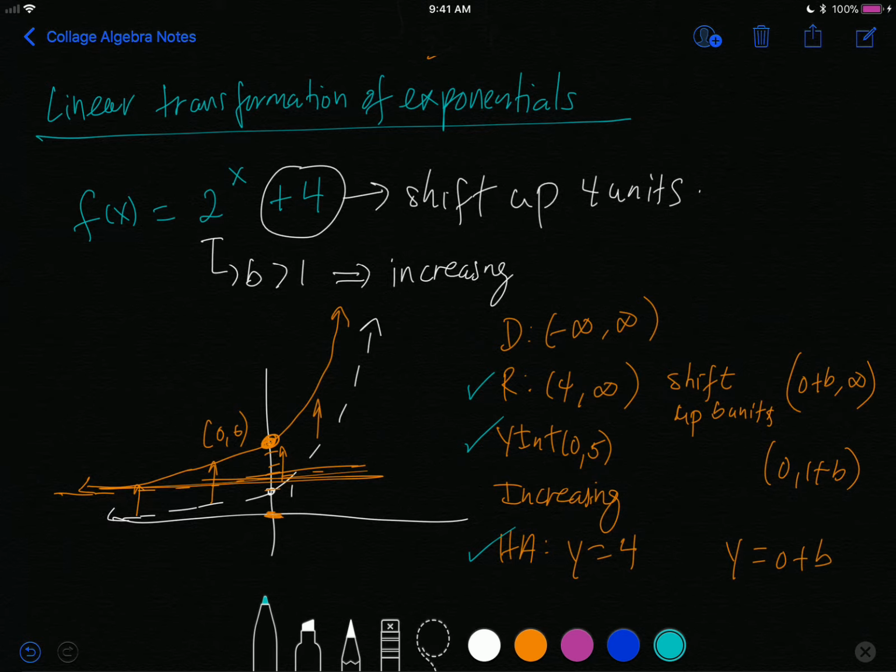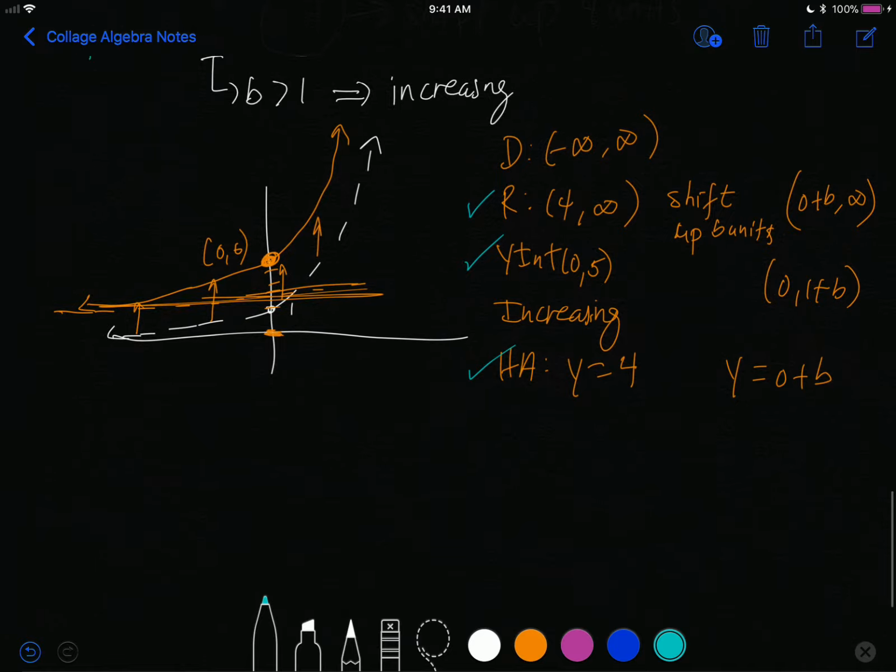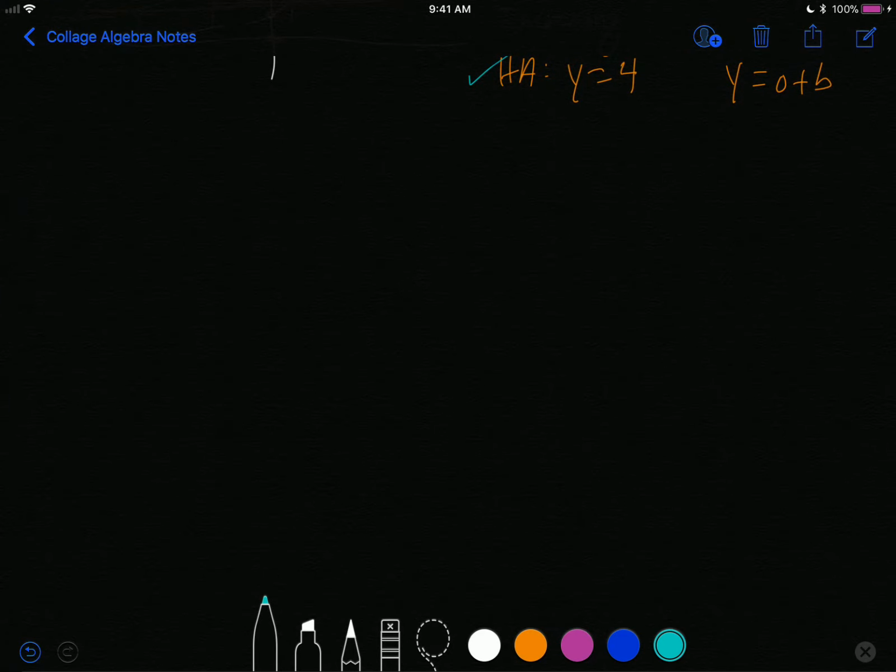So what about shifting the graph left or right? Let's say I have f of x is equal to 1/4 raised to the x minus 3. First and foremost, the base is 1/4, and unlike the previous base, this base is a proper fraction.